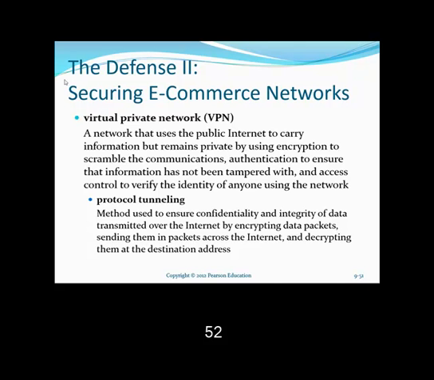Now the next one is the virtual private network, the VPN technology. It is a network that uses the public internet to carry information but remains private by using encryption to scramble the communication, authentication to ensure that information has not been tampered with, and access control to verify the identity of anyone using the network. It uses a protocol tunneling method to ensure the confidentiality and integrity of data transmitted over the internet by encrypting data packets, sending them across the internet and decrypting them at the destination address.